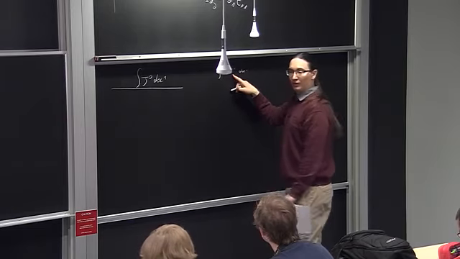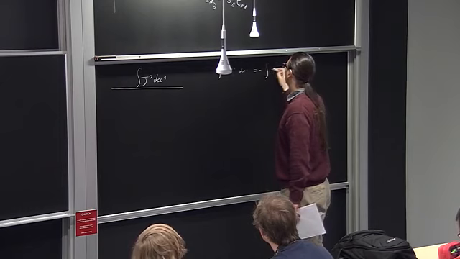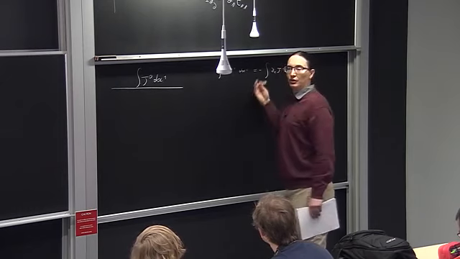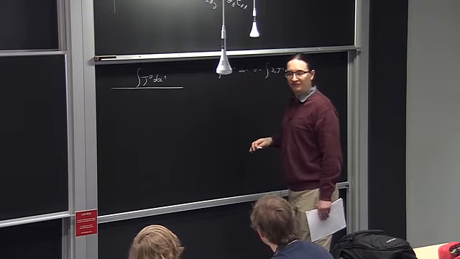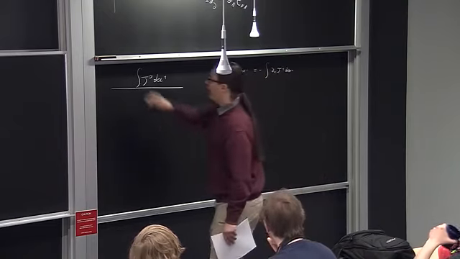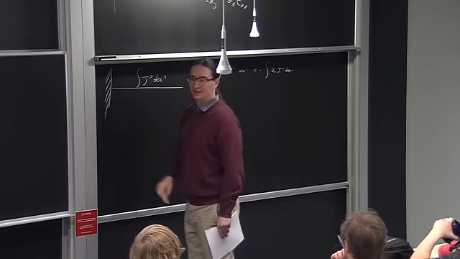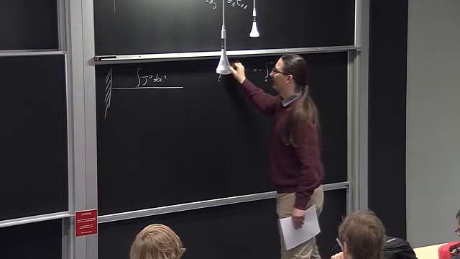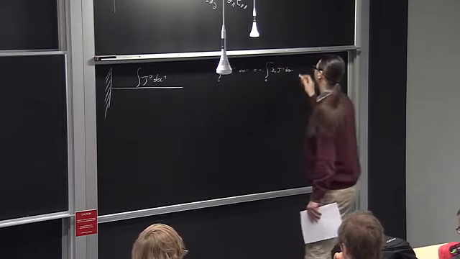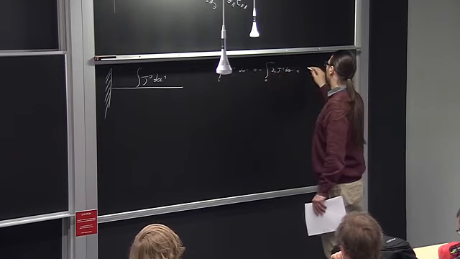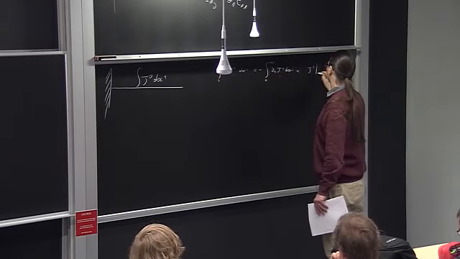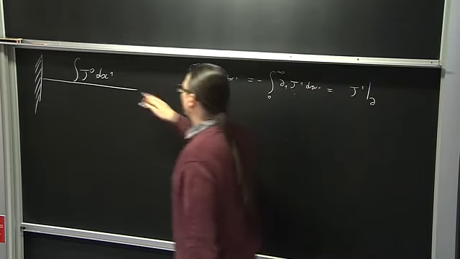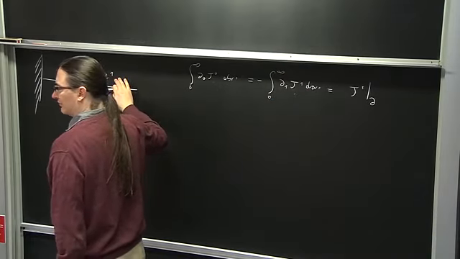And if this is a conserved current, this is the same as the integral of minus ∂1 J1 dx1, which is the total derivative and vanishes. Now, if I have an actual boundary here, though, then this does not vanish, right? This is the value of J1 at the boundary. So this by itself does not give me a conserved charge.